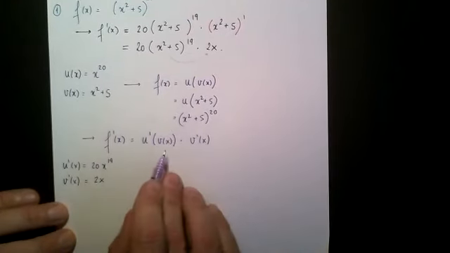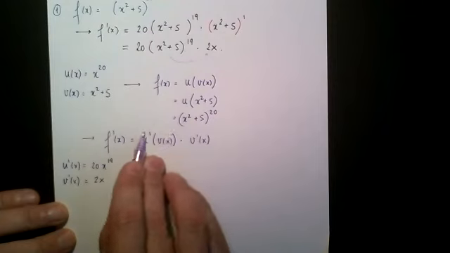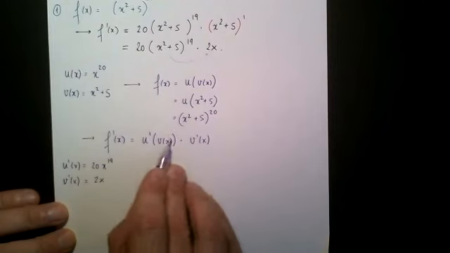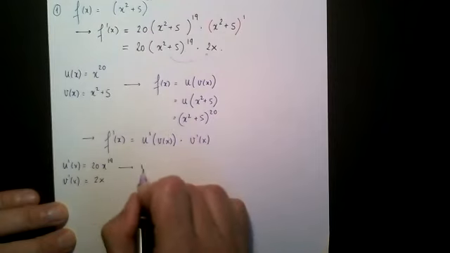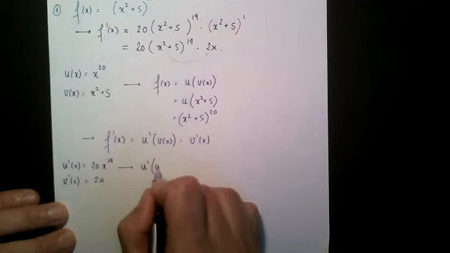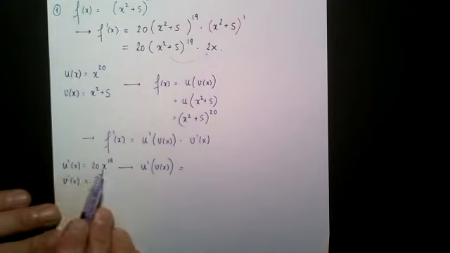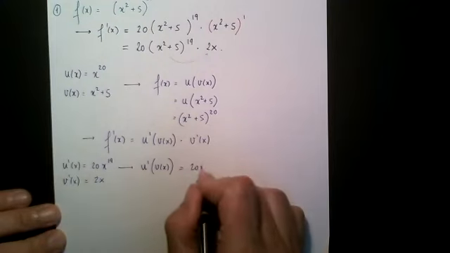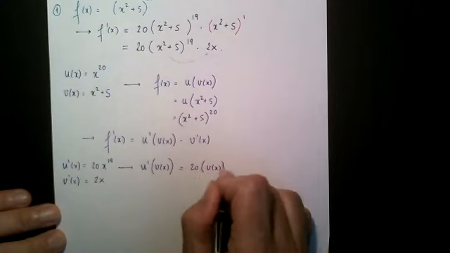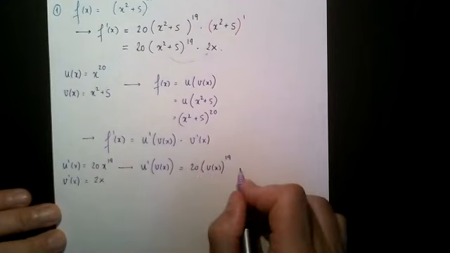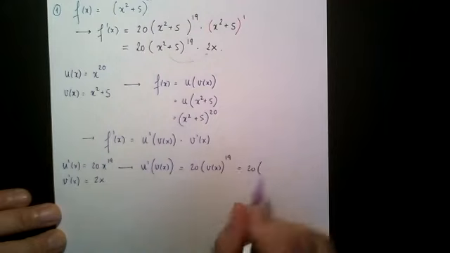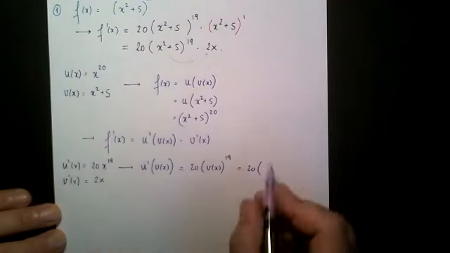Here I need u prime of v of x. So u prime of v of x is equal to, instead of having an x here, let's say I have a v of x. So it would be 20 times v of x to the power 19, which is 20 times x squared plus 5 to the 19.